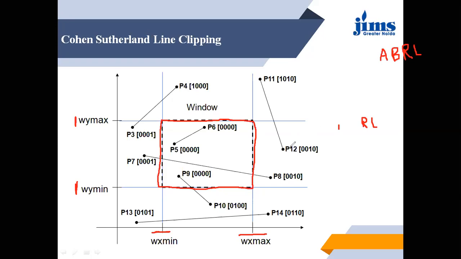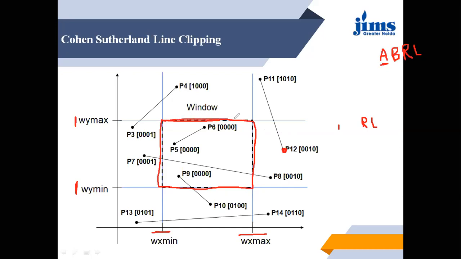So when we want to find out the region code for this, then in that case we have to check that this point is in the left, right, above or below region. Is this above the window? Our window is this.